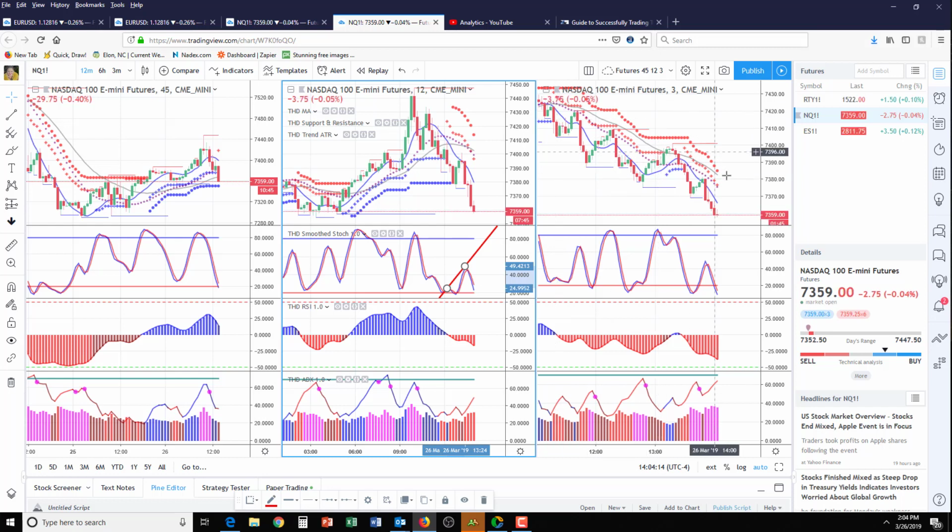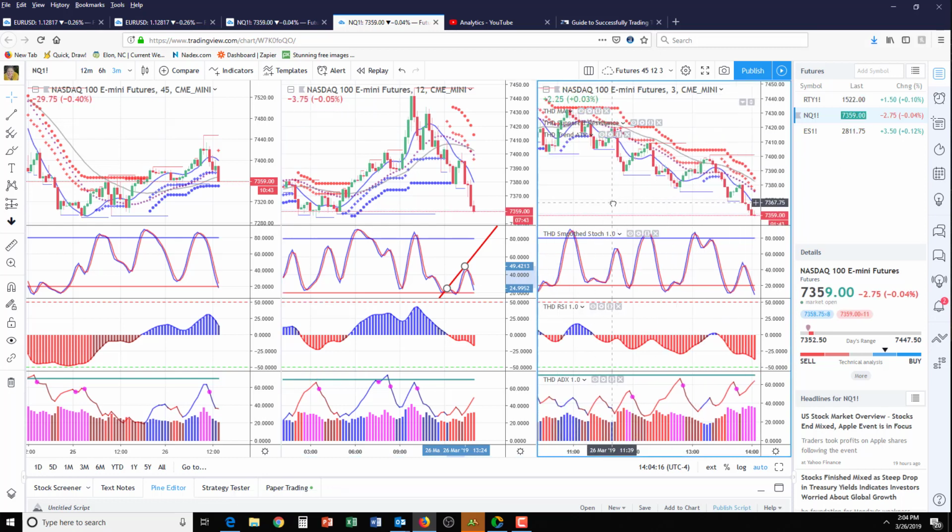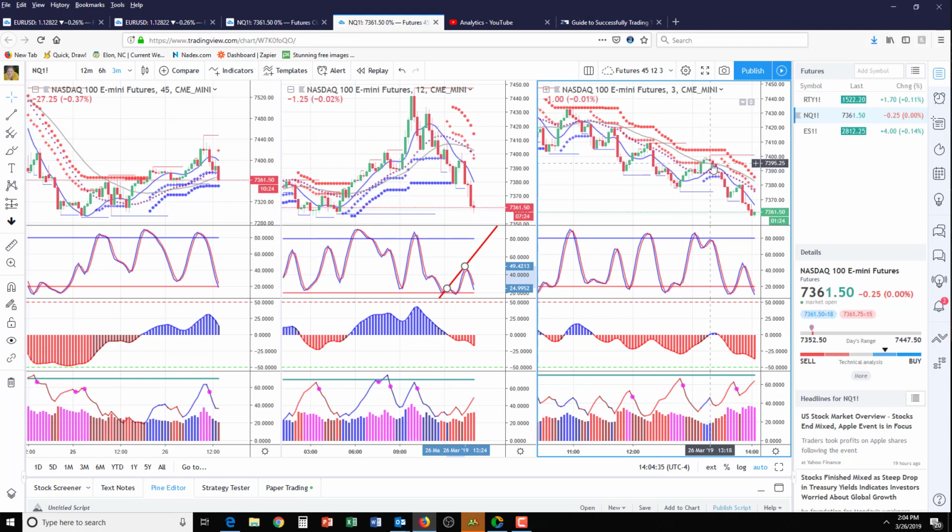Now, if you go down to a 3-minute, which is typically my entry chart, then you can see, okay, this is where it tested the congestion dot, moves down, comes back to test the ATR, moves down, comes back to test the ATR, moves down, comes back, tries to break through this ATR and actually flips it.